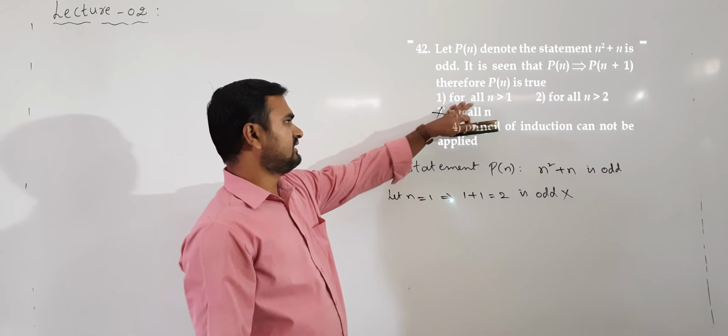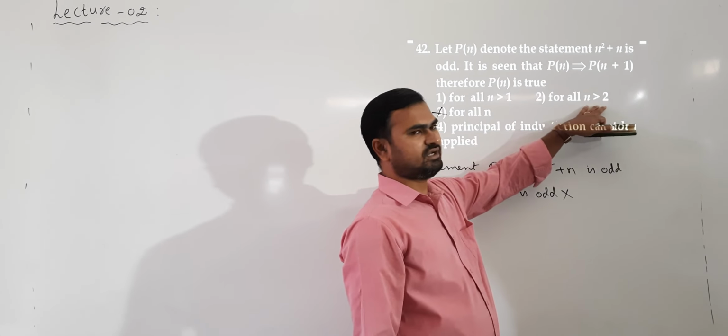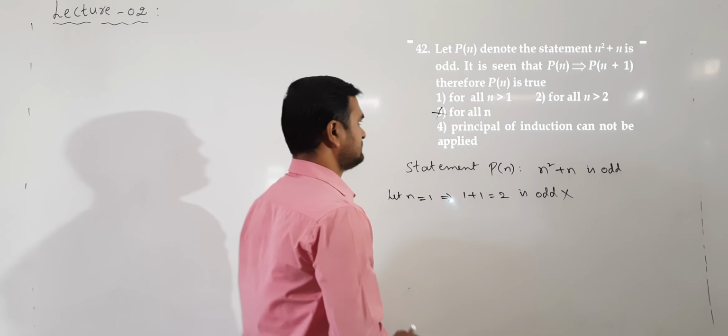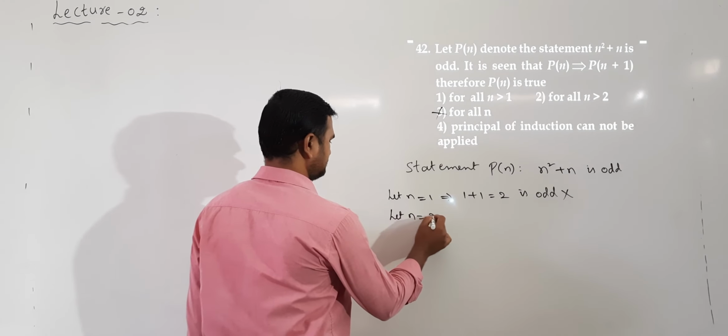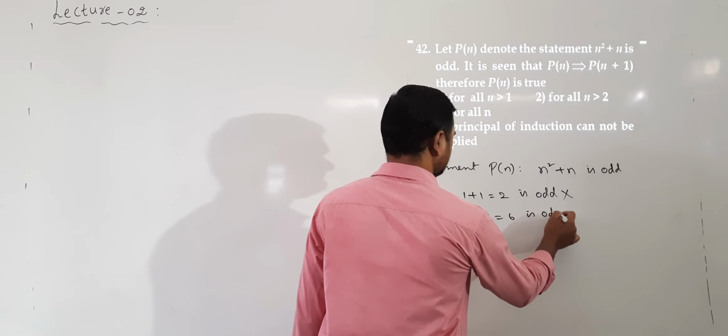Next, n greater than 1 is given, n greater than 2 is given. Let's see those options also. n greater than 1 means can you take n equal to 2? If n is 2, we have 2 square plus 2, which is 6. Is it odd?